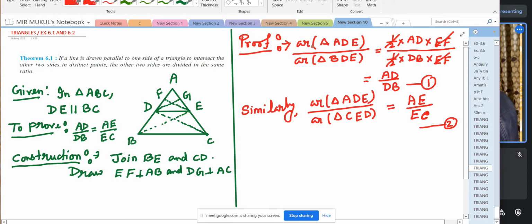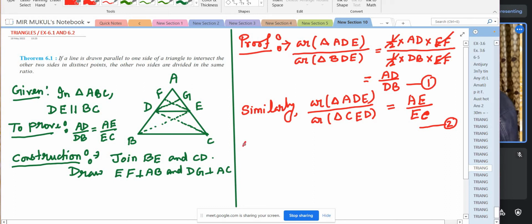Now, left hand side if you observe, numerator is the same. But area of BDE and area of CDE, these two triangles, if you observe, lie on the same base and between the same parallels.